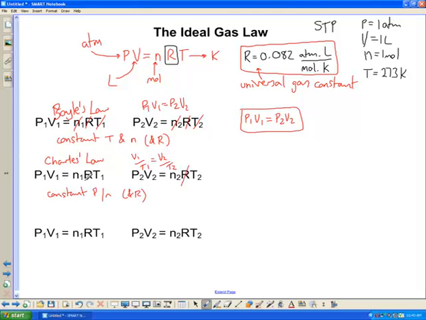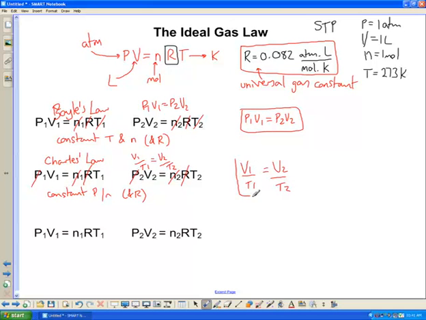So if we cut out the things that are constant again, cut out number of moles as well, and then cut out the pressure, what we're left with is V1, T1, V2, and T2. All right, and we can rewrite that by saying V1 over T1 is the same as V2 over T2.